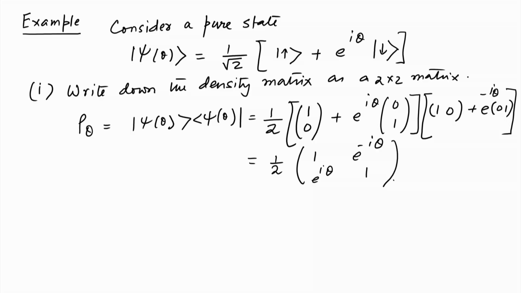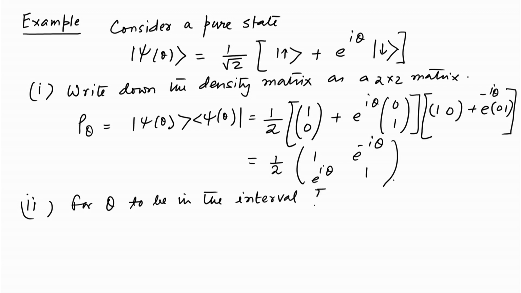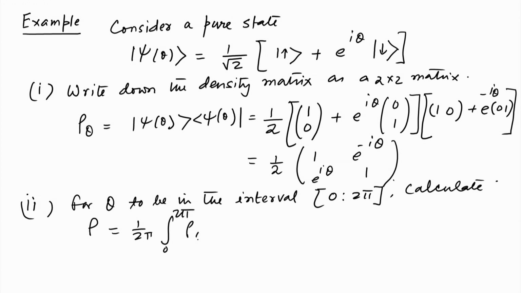So, the second question that can be asked is, for theta in the interval 0 to 2 pi, we can calculate rho, which is an integral over the full range of rho theta d theta.